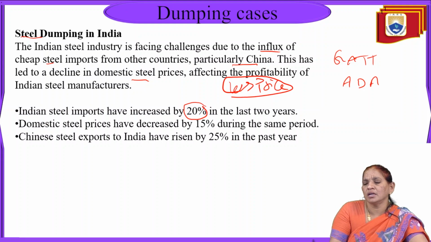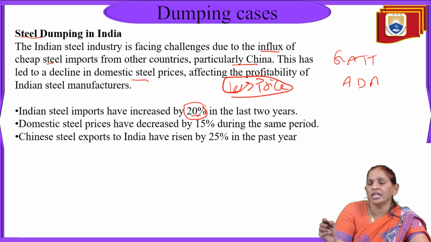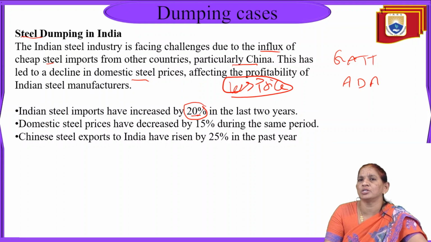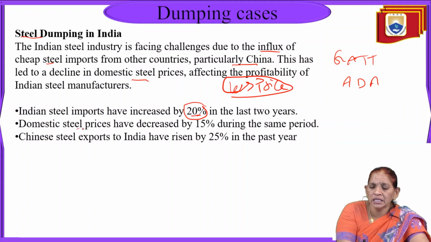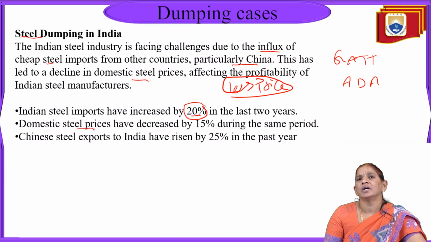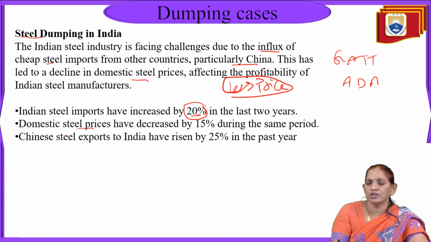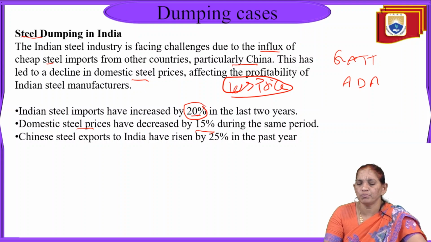Every year the country requires 20% of steel from external countries. Along with that, the Indian government is also providing subsidies and other support, yet prices decreased by 15% during the same period.